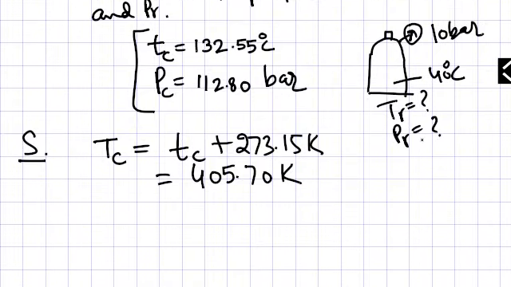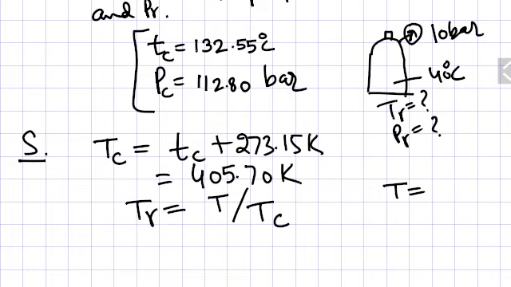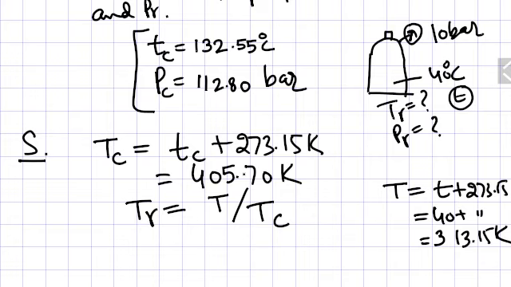Now you can find reduced temperature. The formula is temperature divided by Tc. Here also you will convert the temperature. This is actually T, so T plus 273, how much is it? 40 plus this, it will be this value you will get.